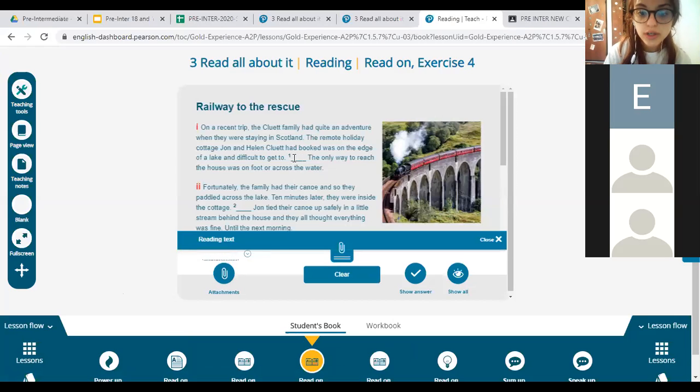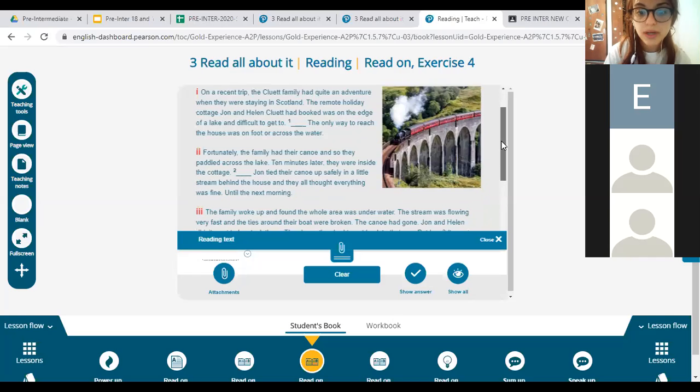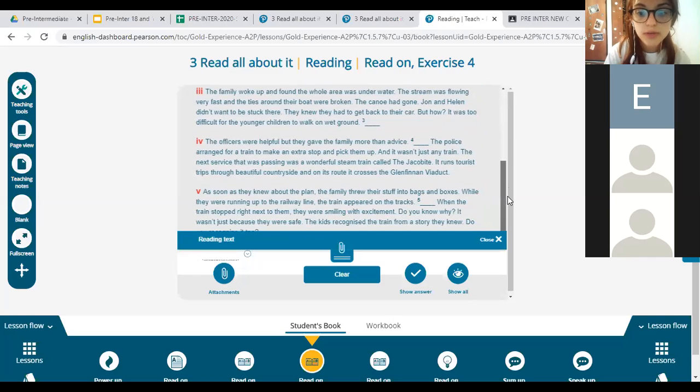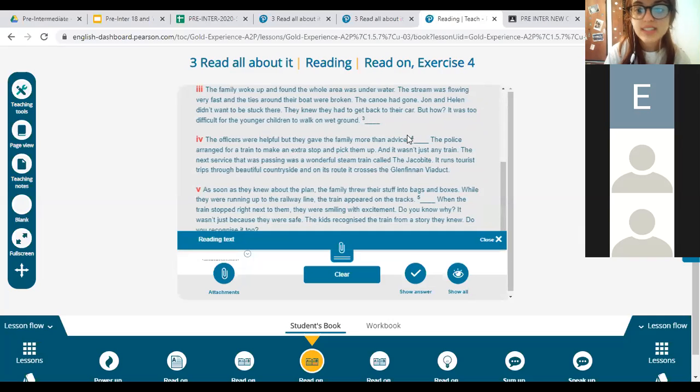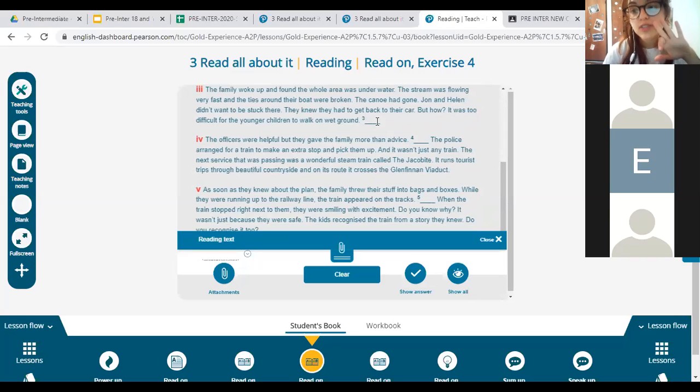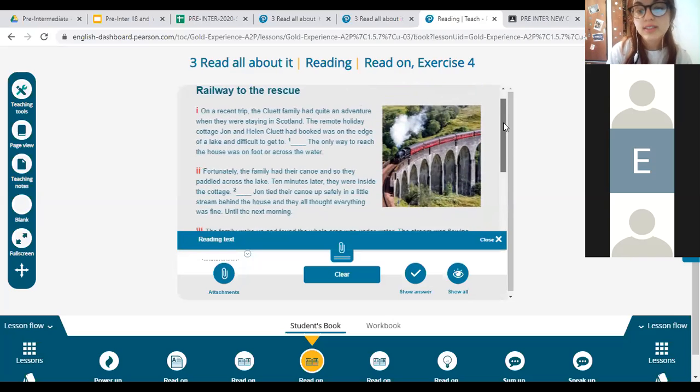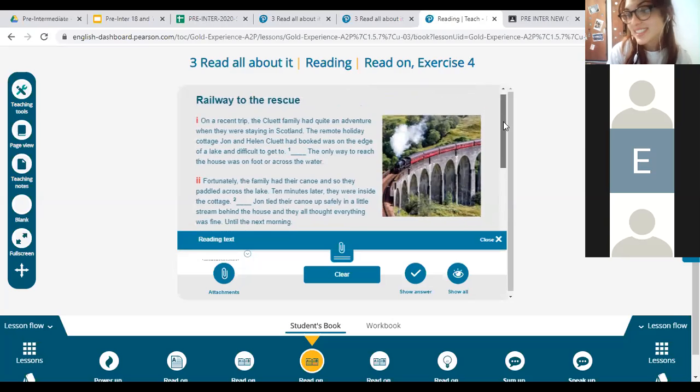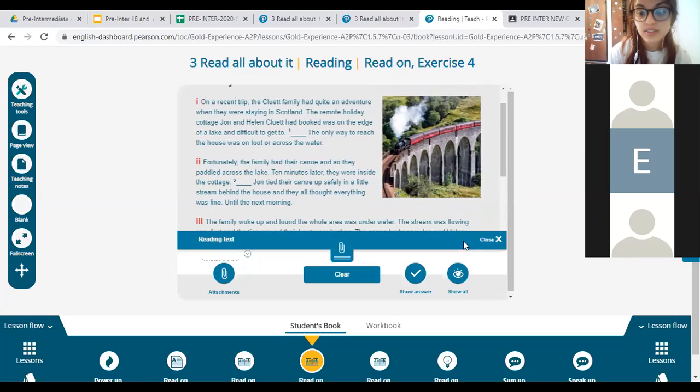If you take a look, in each paragraph, we have paragraph 1, 2, 3, 4, and 5. Each paragraph has a gap. Yes, this little space with a number. This means that here we have to insert one of the sentences that we will read now. We have 3 extra sentences. Yes? And this is why the exercise is called gapped text, because there are gaps.